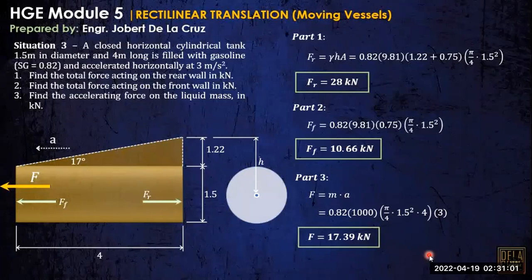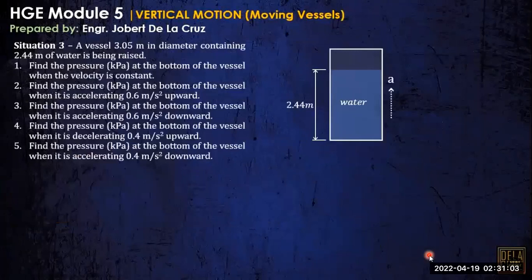Okay, so situation 4. A vessel is 3.05 meters in diameter containing 2.44 meters of water is being raised. So, ito yon. Height ng water is 2.44. Then, its diameter is 3.05. It will be raised by a constant acceleration. So, for number 1, find the pressure at the bottom of the vessel when the velocity is constant.